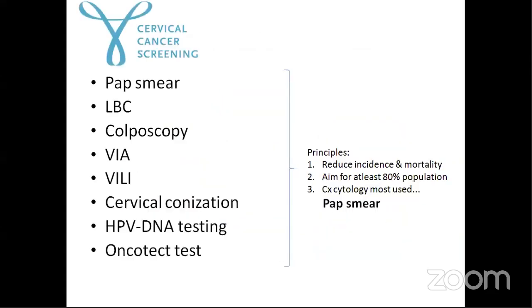Next, so how do we screen? Again, we screen for CA cervix with all these methods which we dealt with in the previous class, and most commonly used method is a pap smear. And according to the guidelines, we need to reach out to at least 80% of the whole population in our country.